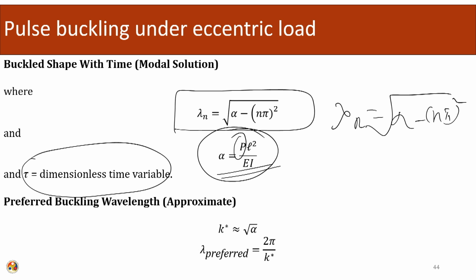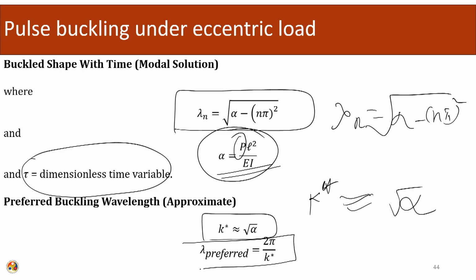So, the preferred buckling wavelength is approximated by k star, and k star is approximately equal to root over alpha, and then k star is again related back to the wavelength. So, k star is inversely proportional to the wavelength, and it is given by this term.